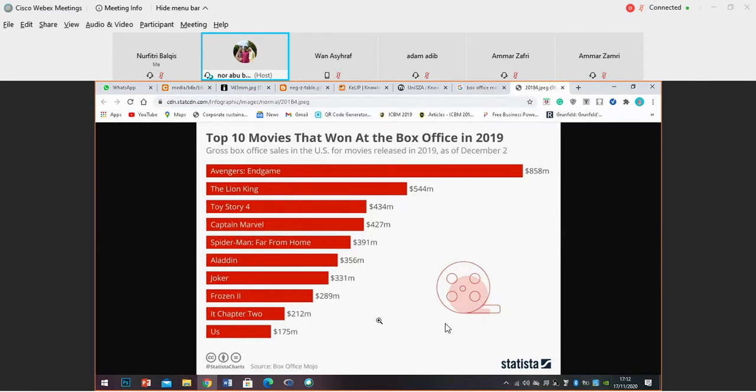Or sometimes you just want to make it quick. So you know that for 10 data, you take the middle ones. Who is in the middle? 1, 2, 3, 4, 5 and 6, right? Spiderman and Aladdin. So you add these two and then you divide by 2. You get how many million, 300 over million here.